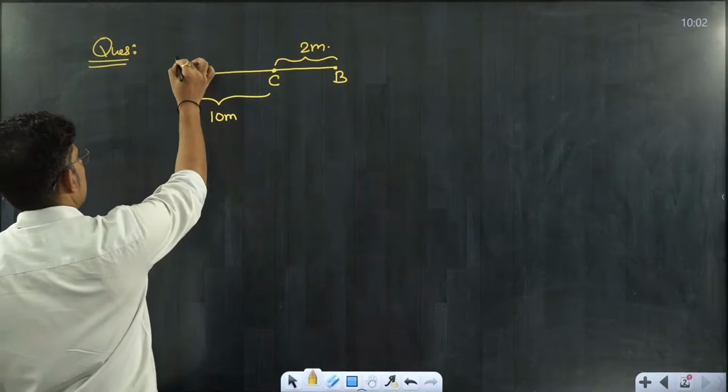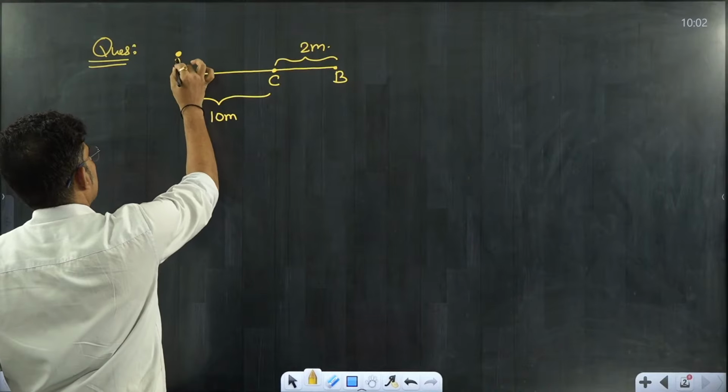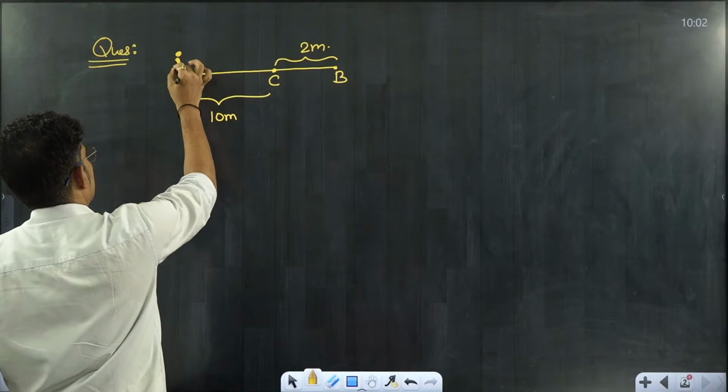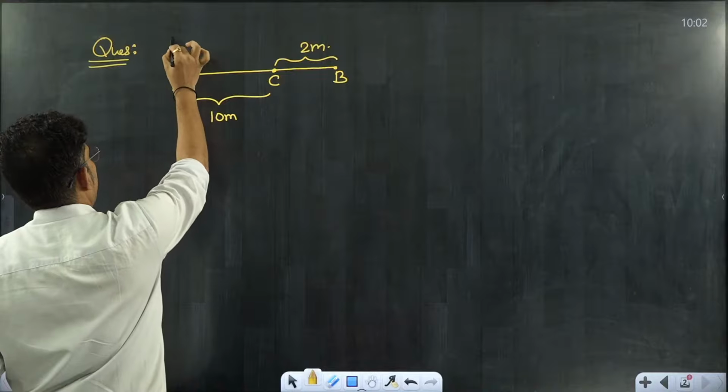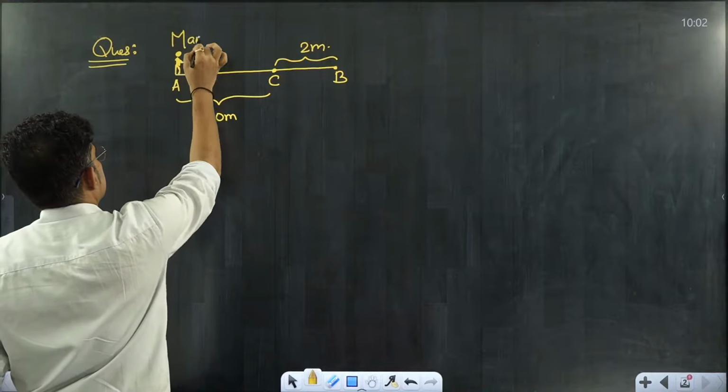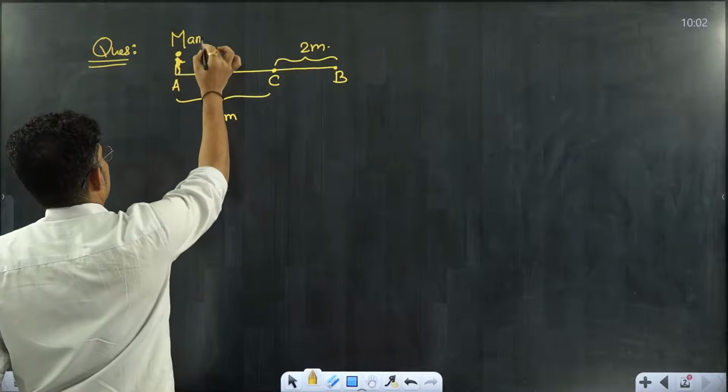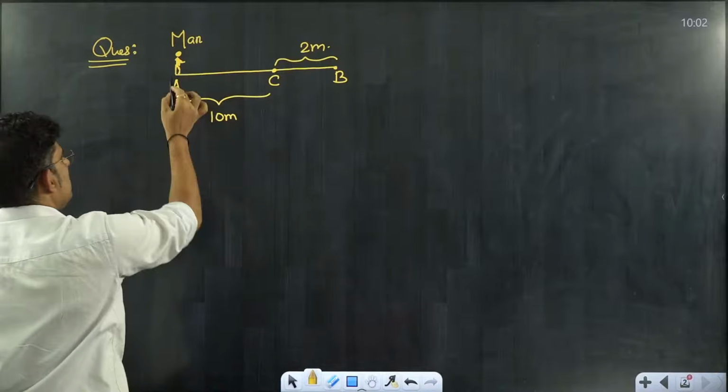So here there is a person who is standing. So initially he is at A.